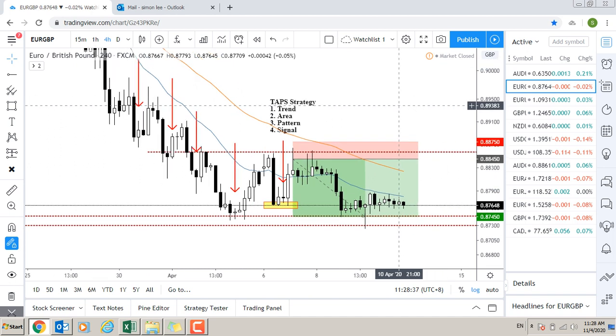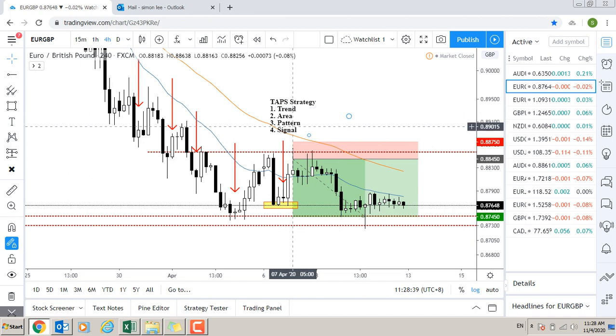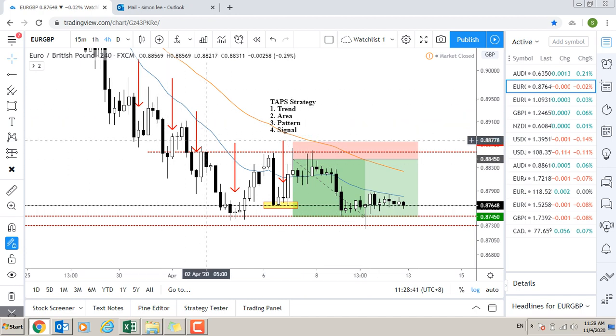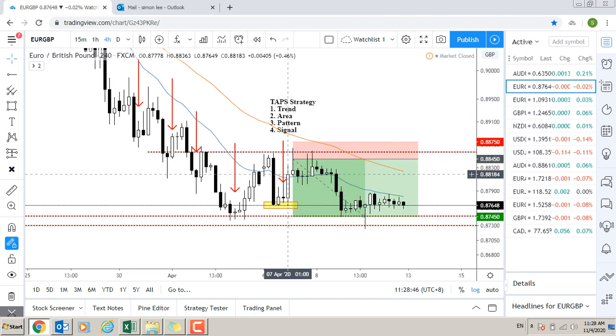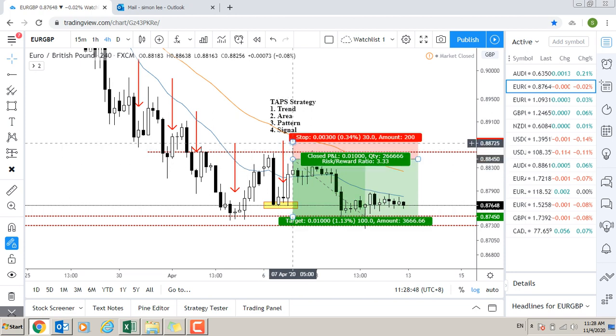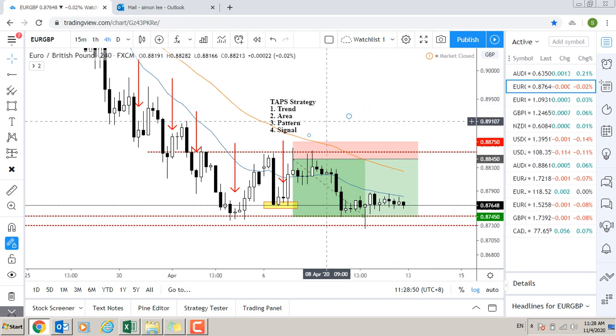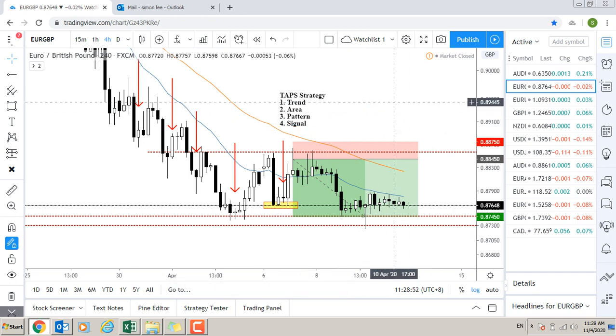In this case I think my pattern is still a lower low pattern setup, and the signal is this bearish pin bar signal. So it's quite straightforward and simple, but you need judgment, so-called experience judgment, from yourself.